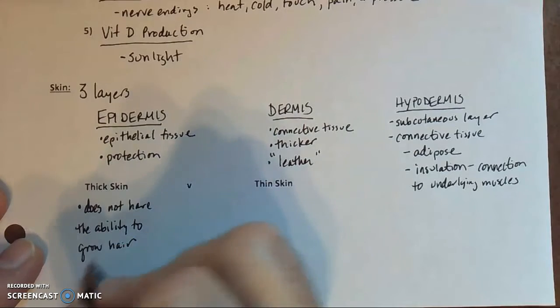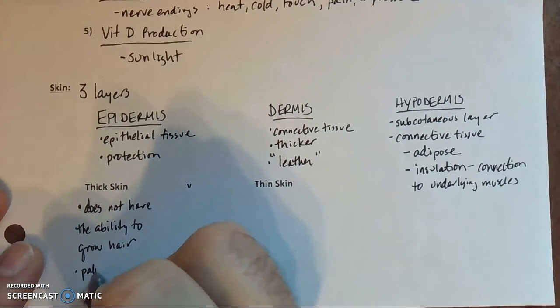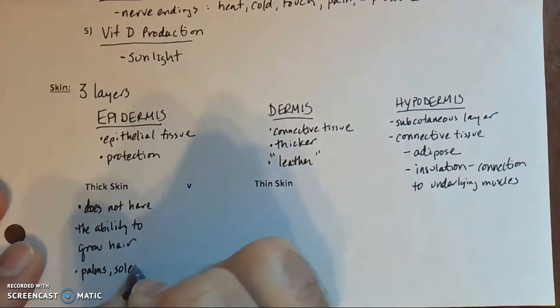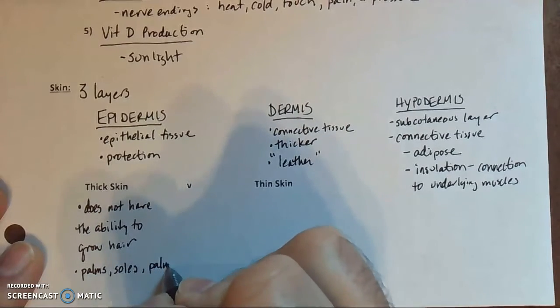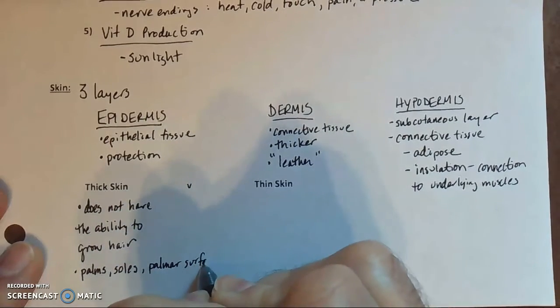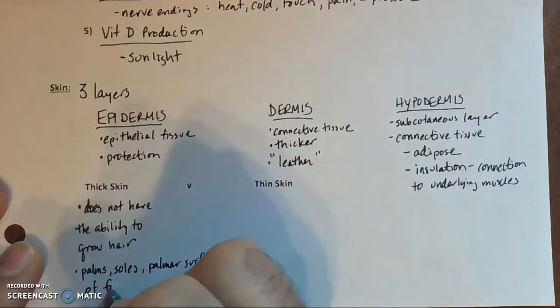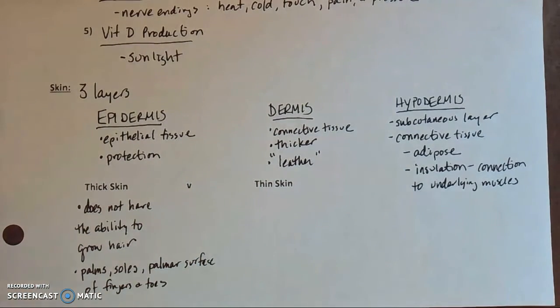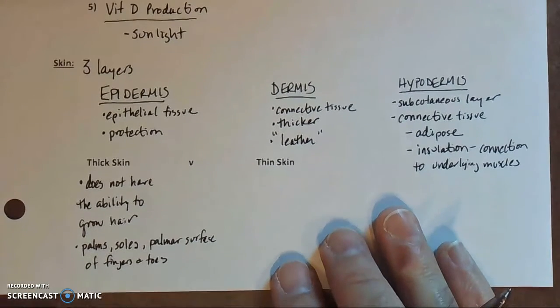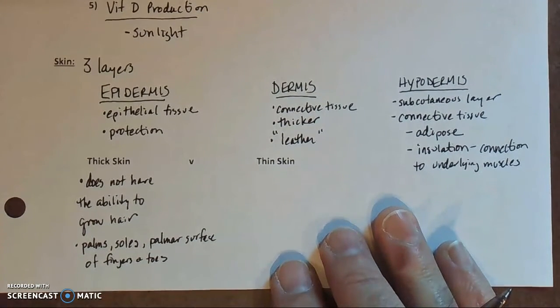So we're talking about the palms of the hand, the soles of the feet, and the palmar surface of fingers and toes. And these are areas that are for grip. So hair doesn't grow on these surfaces because it helps us grip things. And the skin there is usually a little bit thicker to help with that grip.